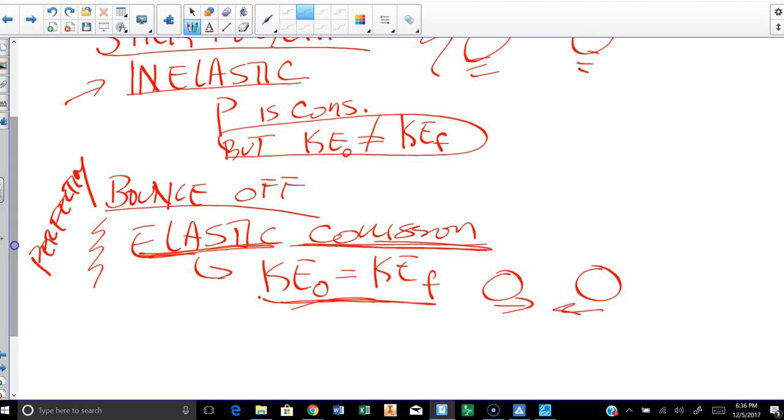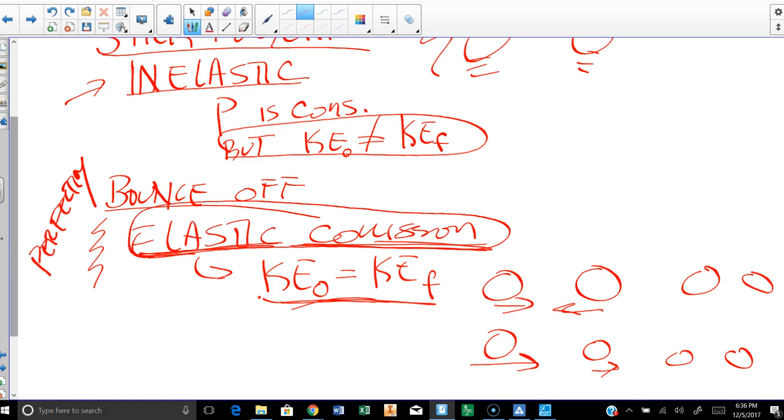One could be stationary. You could even have one moving fast and the other moving slower in the same direction. They're still going to collide. But if they bounce off each other and you have two objects after the collision as well, then you probably have an elastic collision. But in this video, we're going to focus on inelastic.